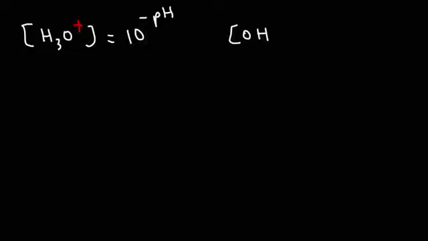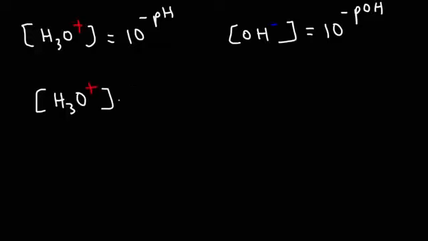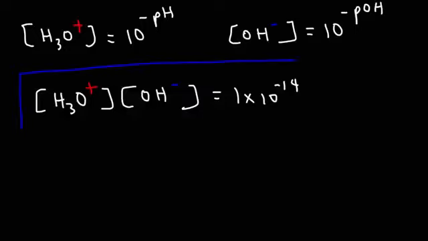If you need to calculate the hydroxide ion concentration, it's 10 raised to the negative pOH. Also, the hydronium ion concentration times the hydroxide ion concentration at 25 degrees Celsius is equal to Kw, the autoionization constant for water, and that's 1 times 10 to the negative 14. So those are some other formulas that you want to be familiar with.